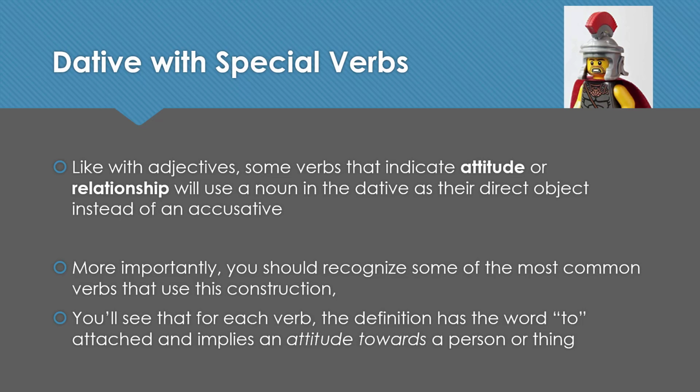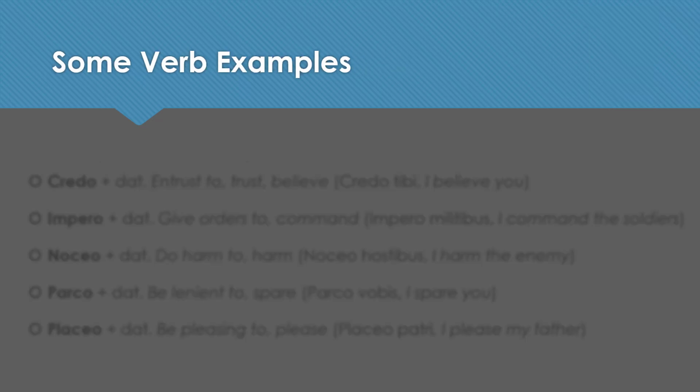Just like we saw before with datives with adjectives: someone's dear to someone, dear in relation to something or someone. The same thing with these verbs. It's some kind of feeling or emotion towards some person, and there's going to be the word "to." So it's kind of easy to recognize, but here are some examples of those verbs.